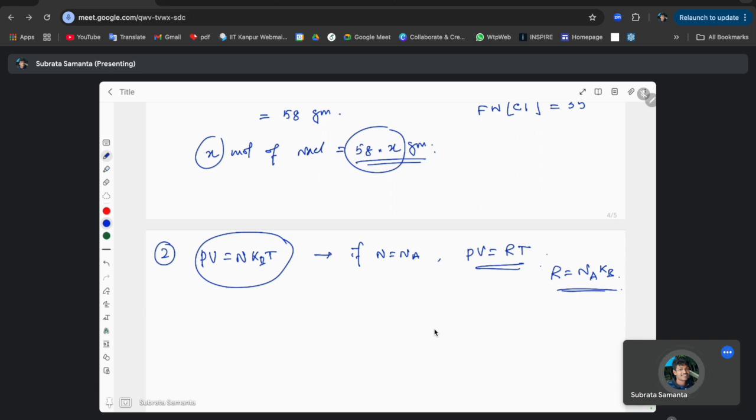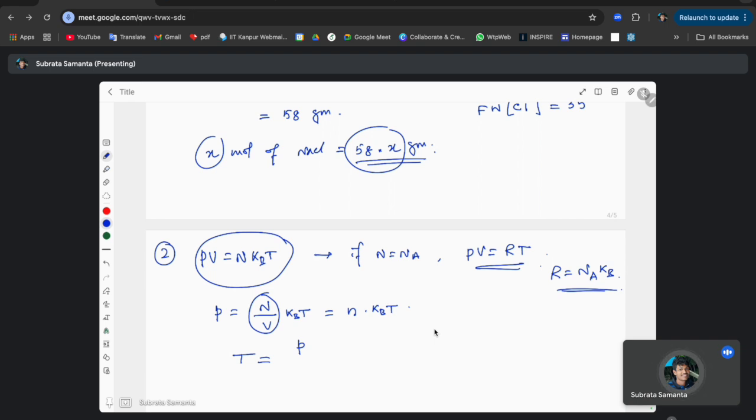So you can write this P as N over V kBT. This is basically a number density, small n, so small n times kBT, and we can write the temperature T as P over n kB. Here P is the pressure, not the momentum.